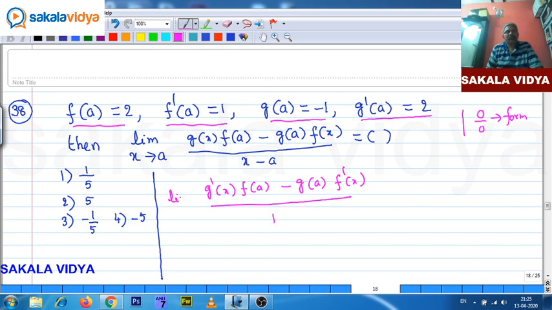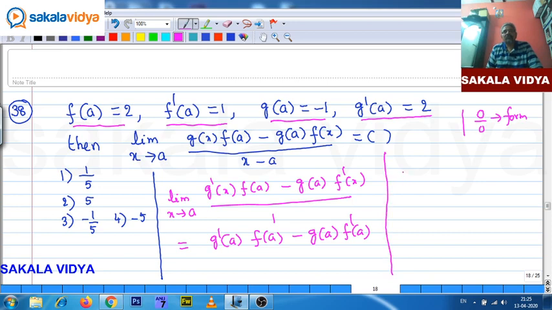Now limit x approaches to a, this equal to g dash a into f of a minus g of a into f dash a.